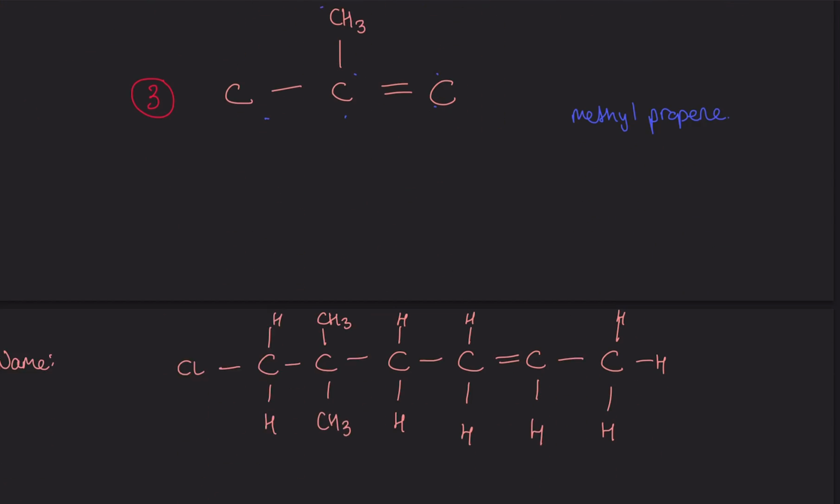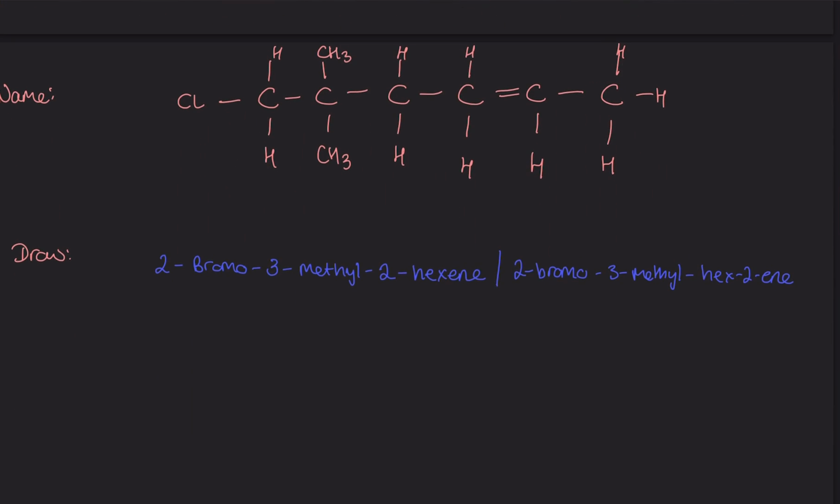Okay, now moving on downwards, we're going to try and name this one here. So when you're naming them, unlike looking for the smallest number to go by the side groups that we see here, we need to make sure that the number is the smallest where the double bond occurs.